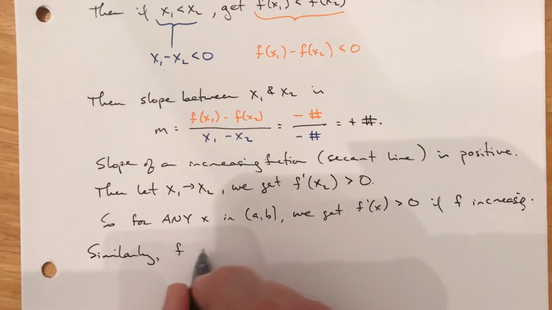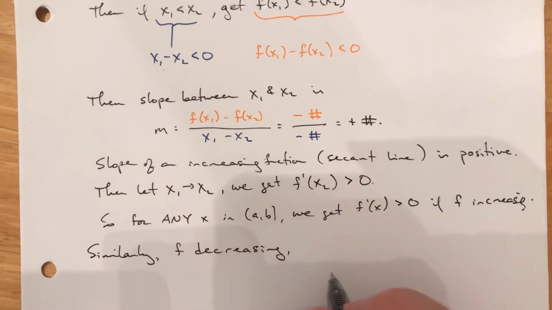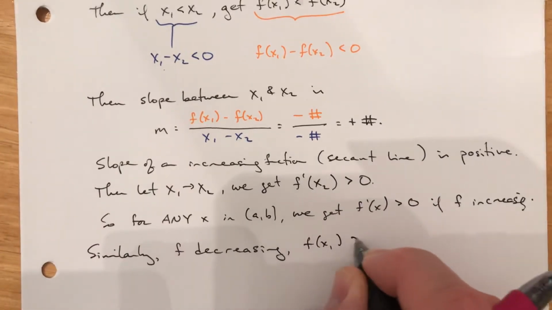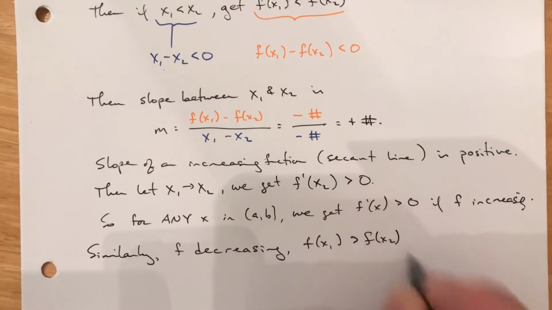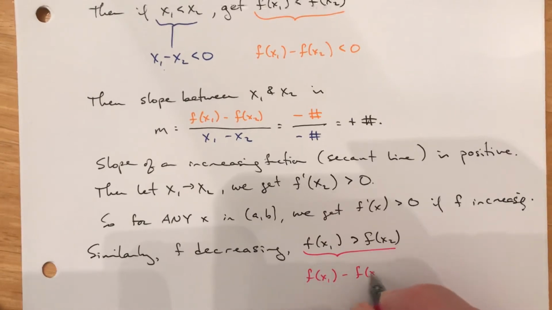Similarly, if f is decreasing, we get instead that f of x1 is greater than f of x2, and we can rewrite that as f of x1 minus f of x2 is greater than 0.